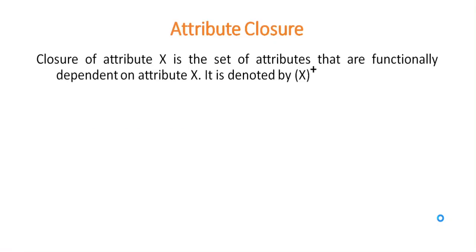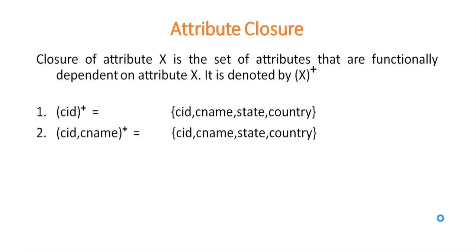Now let's see the attribute closures for the customer table. The customer ID attribute is determining customer ID, customer name, state and country, but it is not determining phone and product. Similarly, let's take another example, customer ID and CNAME.